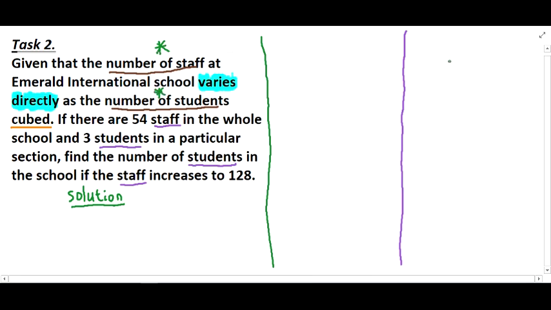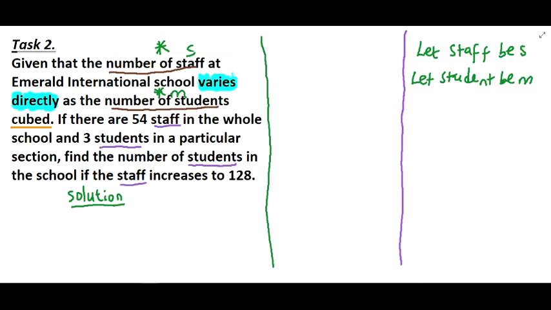So let staff be S, and let students be M. So for my staff, I have that my staff is S, and then student is M. Okay, so let's go ahead and start and solve. Hope this is not confusing you in any way. So we say that staff varies directly as M, because M is students. Hope this is making sense to you.